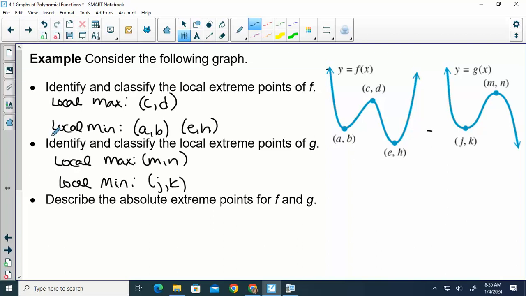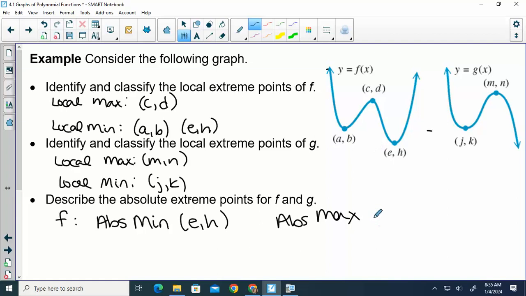All right, so then the absolute maximums for F and G. So graph F, we just said absolute min, the lowest on the entire graph was EH. Did it have an absolute max? No, because it keeps going up forever.